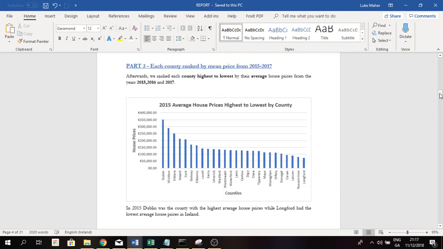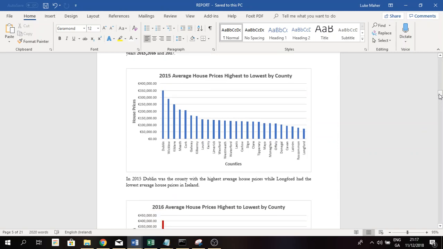Then the third bit, we had to rank each county by their average price or mean price from the years 2015, 2016 and 2017, and we got the data using an SQL query, and then we graphed it. So that's 2015.